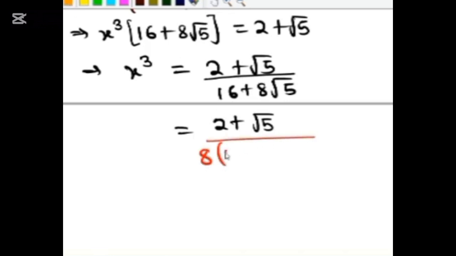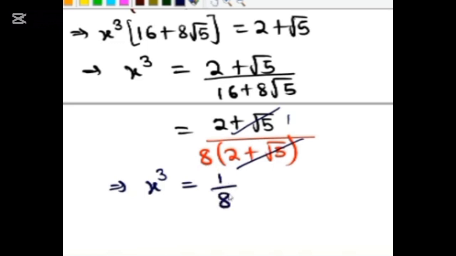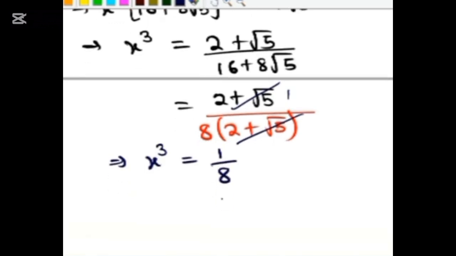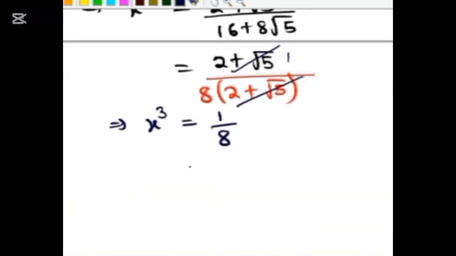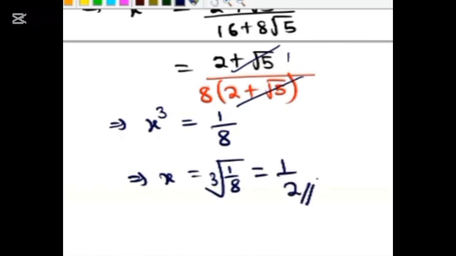If I bring out 8, at this point we can easily take away this and this. Of course you have 1 up here, so that means that my x raised to the power of 3 is simply equal to 1 all over 8. And so if I now take the cube root of both sides, this now means that my x alone is the cube root of 1 over 8. And what is that? That is equal to 1 over 2.